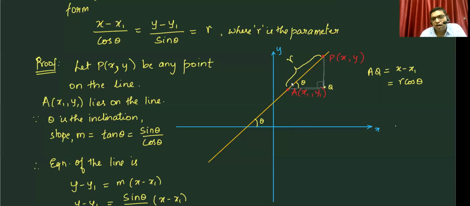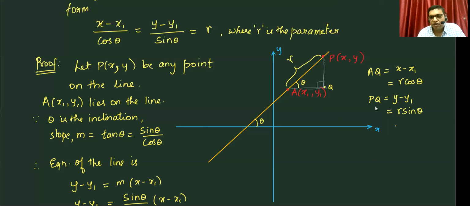This is the hypotenuse, and times cos theta gives you the adjacent side by the trigonometric ratio that we did. Then PQ is y minus y1, which is equal to r sine theta. Sine theta is opposite side PQ by hypotenuse r. So PQ will be r times sine theta, and AQ will be r times cos theta.